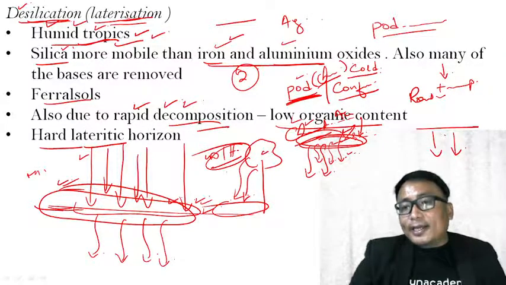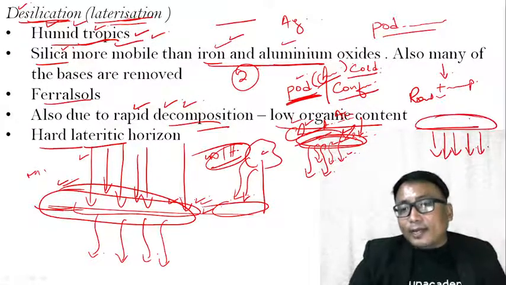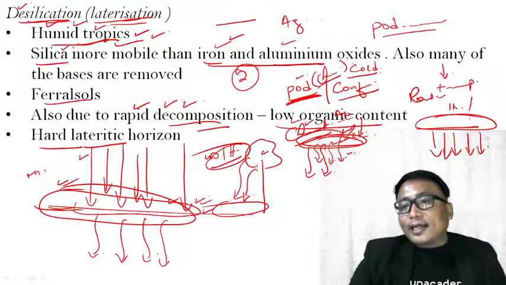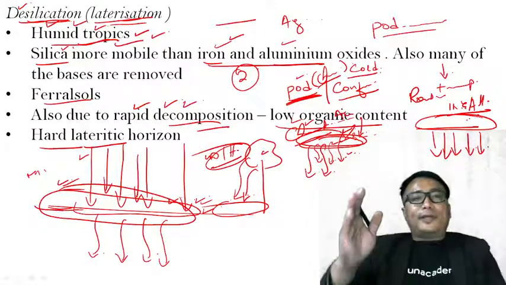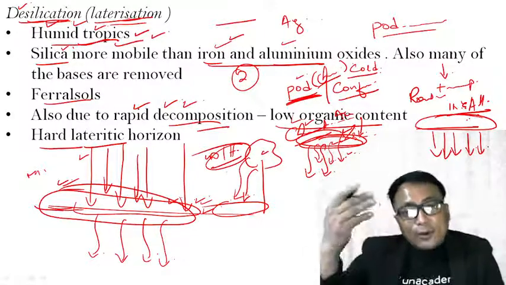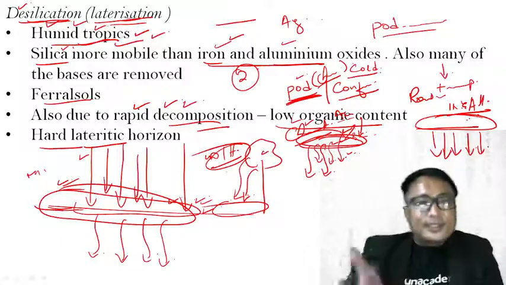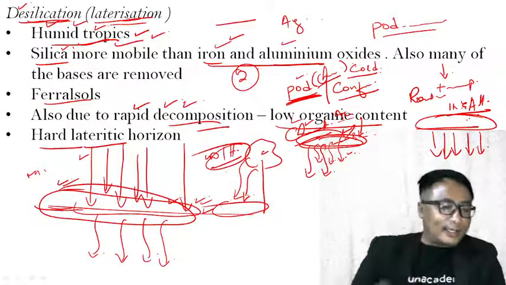And here the leaching removes silica and other bases, leaving behind iron and aluminium rich soil on the surface. Clear? So that is the basic difference between podzolization or cheluviation versus desilication and lateralization.